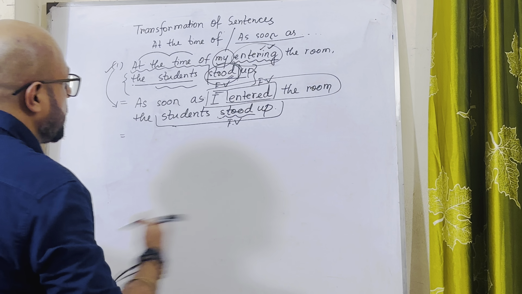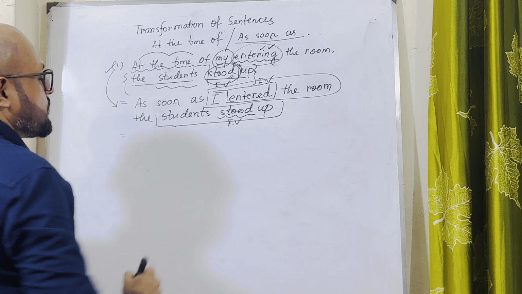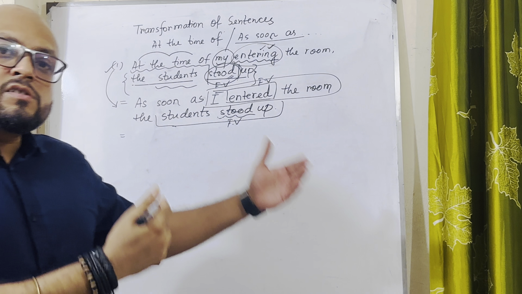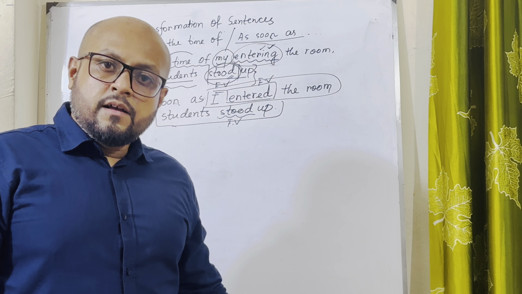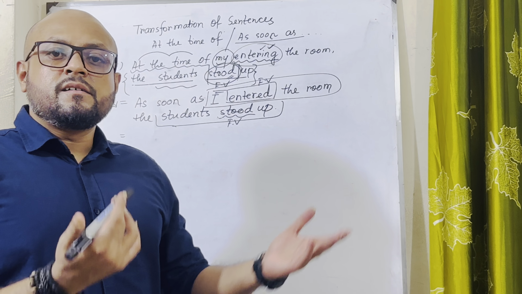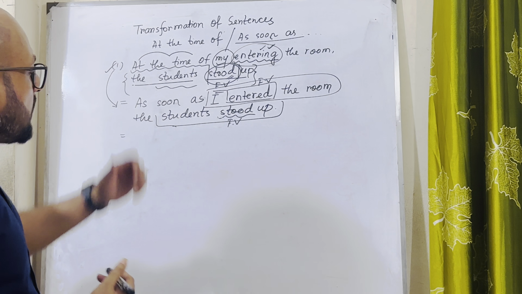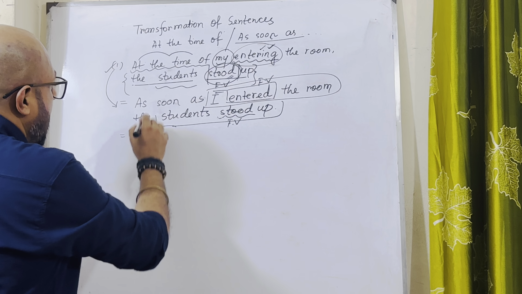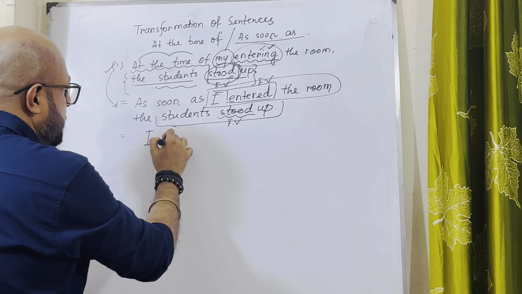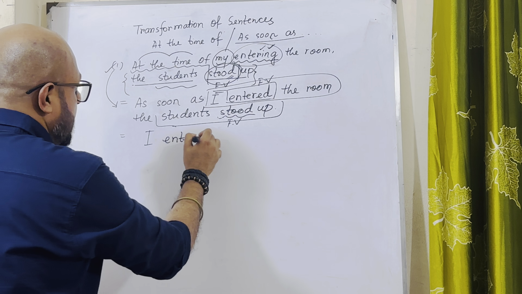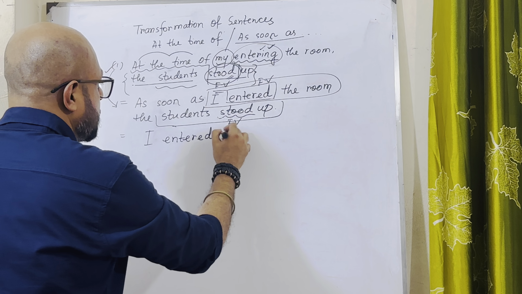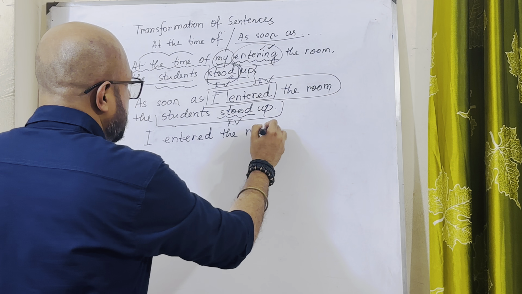So: I entered the room and the students stood up. This can be the compound form of this sentence. I do not need "as soon as" over here. I will start from the subject I, and then the word is "entered": I entered the room.